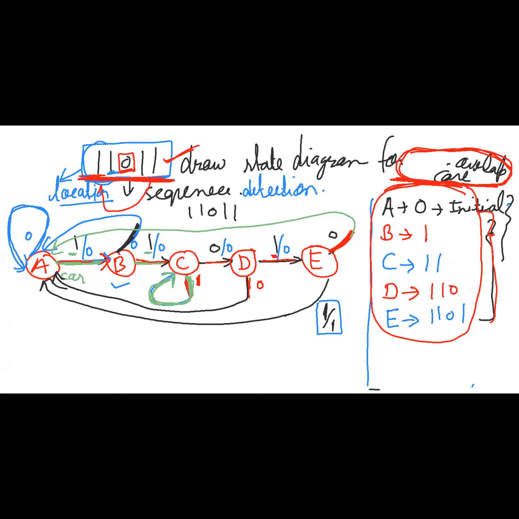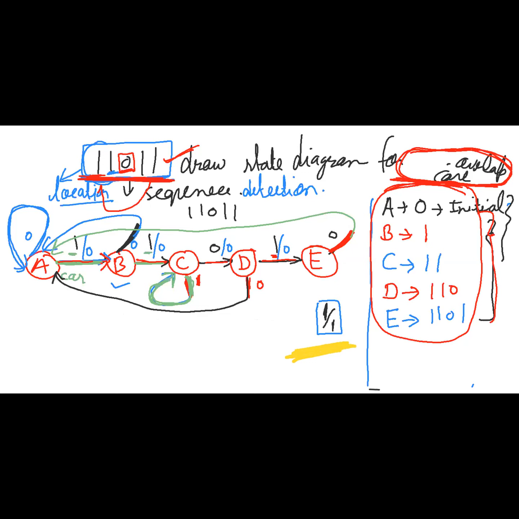So where am I getting output 1 in this diagram? At E. Everywhere you are getting 0, everywhere except E. So I will remove this only. Everything will be the same.